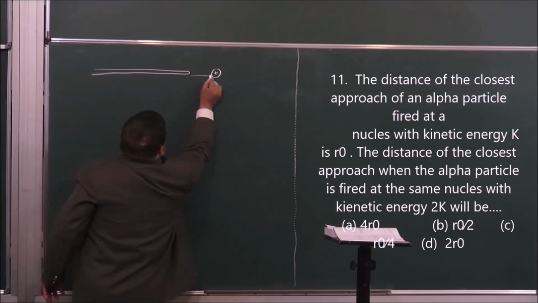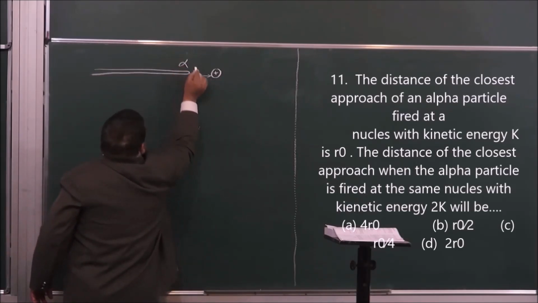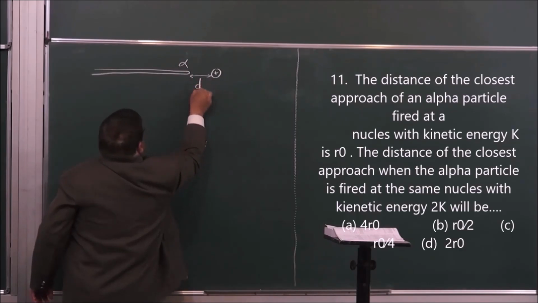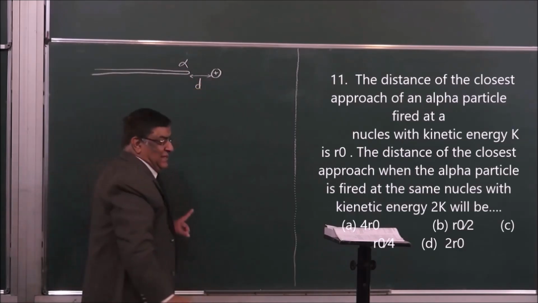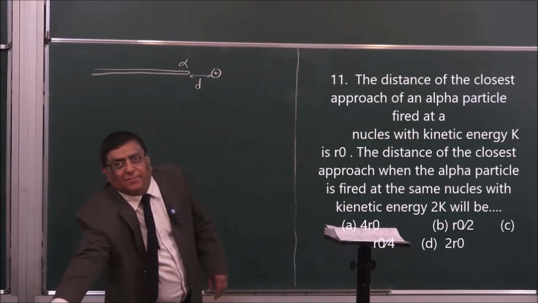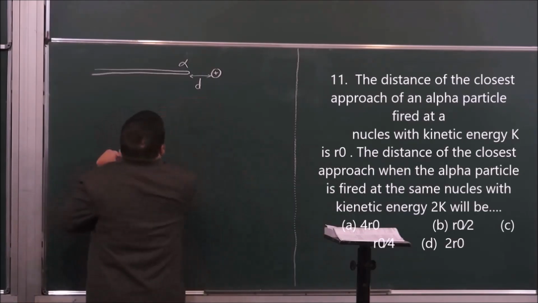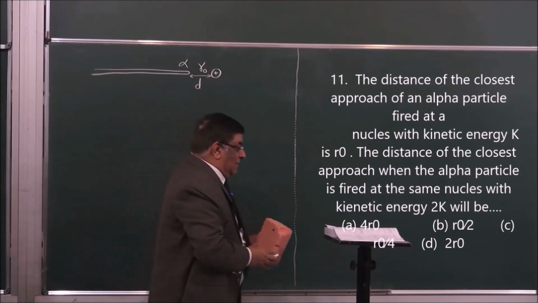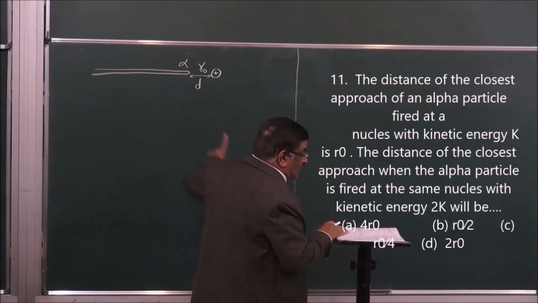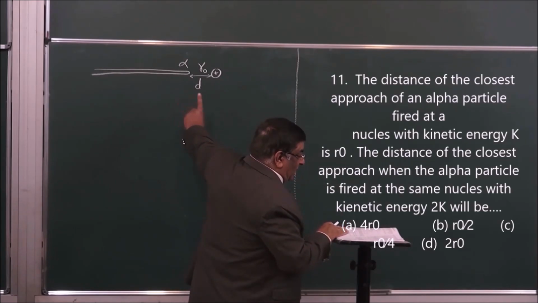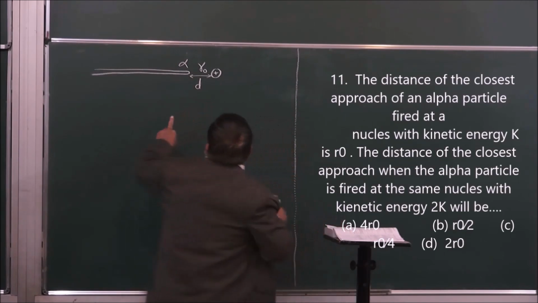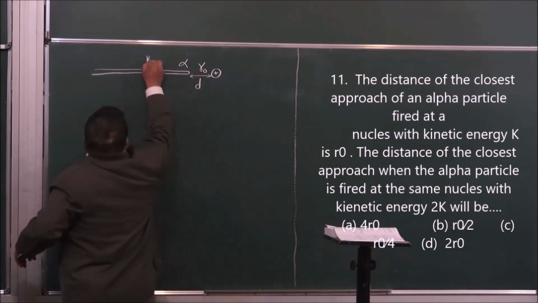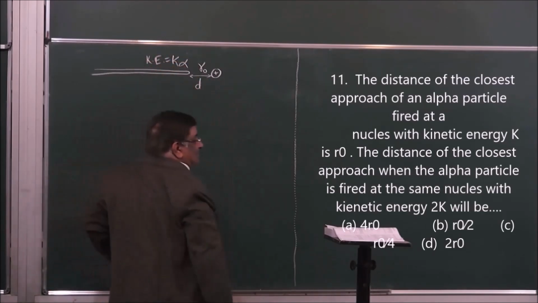This distance is known as the distance of closest approach, and in this example it is equal to R naught. Again, I read it: the alpha particle has kinetic energy equal to K.